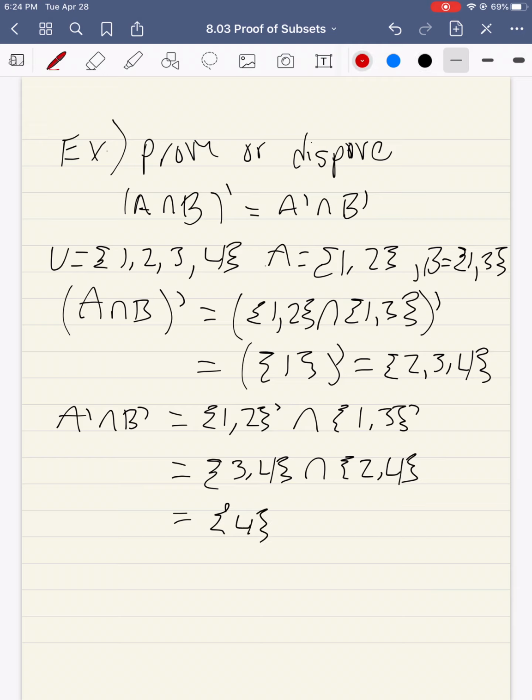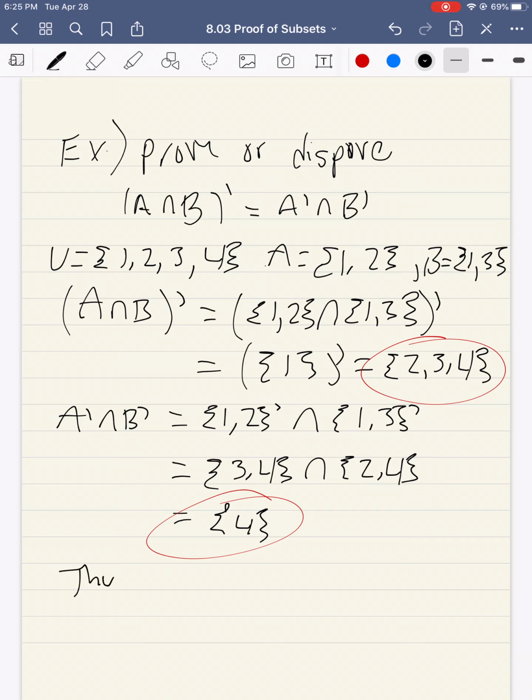As we can see, these two sets are not equivalent to each other. Just as when we're trying to disprove something, we just need to find one counterexample, and by testing this out, you have done the counterexample.